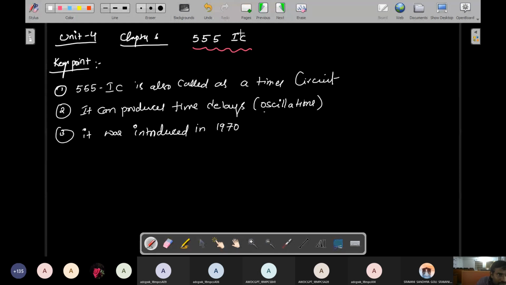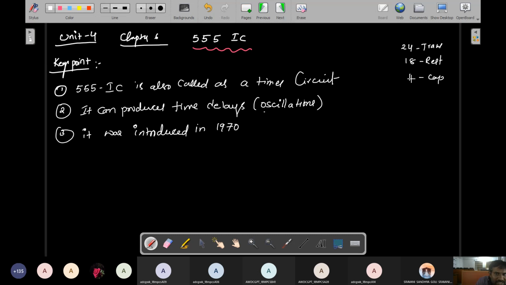At the time of construction of 555, they used 24 transistors, 18 resistors, and one capacitor. Nowadays it is very less because they are using flip-flop inside.